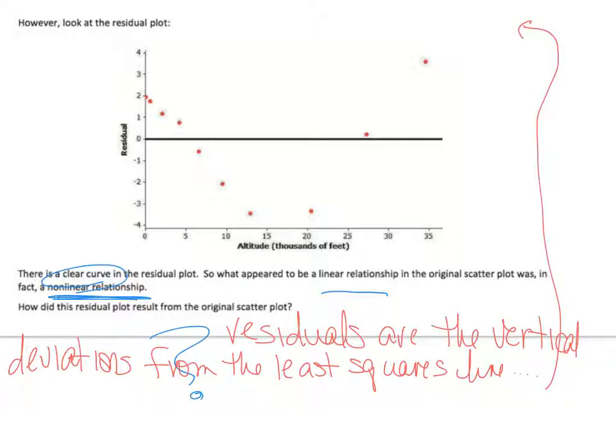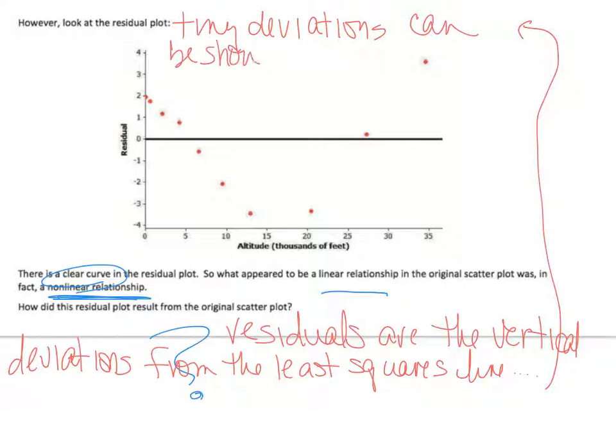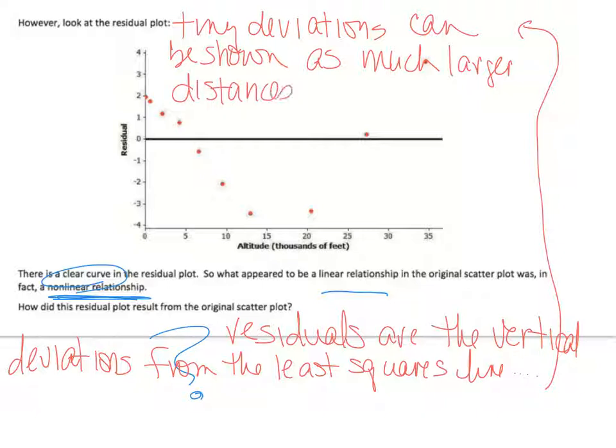So tiny little deviations, again, if I could spell, deviations, can be shown as much larger distances from the zero line in the residual plot.